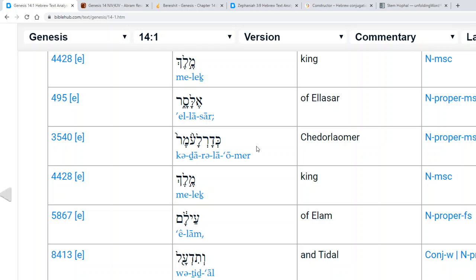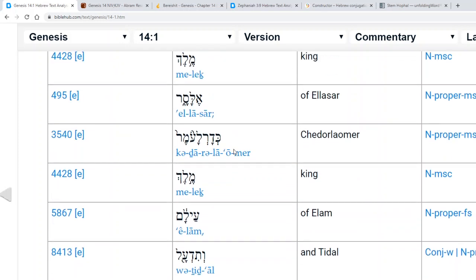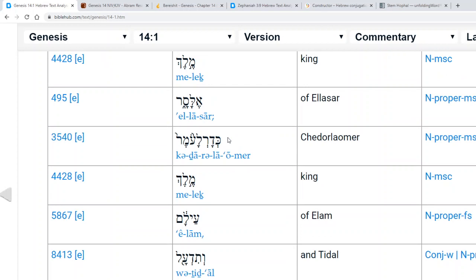Kedorlaomer, melech Elam. So actually, I mean the chaf. You could say that, if you want to kind of darshan this, but the easy way of doing it, it seems like the full thing is his name, and his name just starts with the letter chaf.